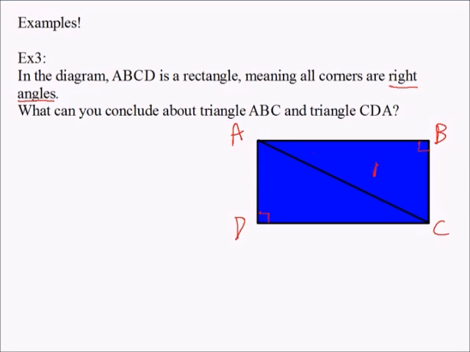So here's triangle 1 and CDA, triangle 2. First and foremost, we know that AC of this triangle is congruent to AC of this triangle, because of the reflexive property.